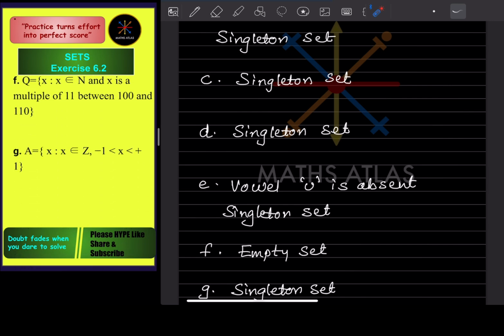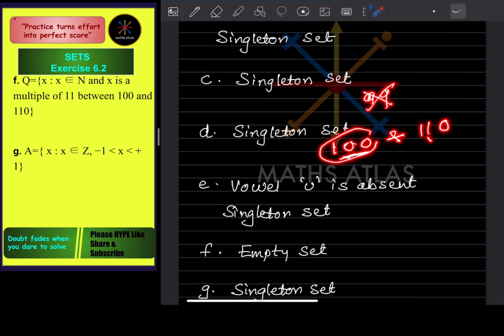Q is equal to x, where x belongs to N, and x is a multiple of 11 between 100 and 110. So if we take the multiples of 11, it should be in between 100 and 110. 11 nines are 99, but this is below 100, so this cannot be.